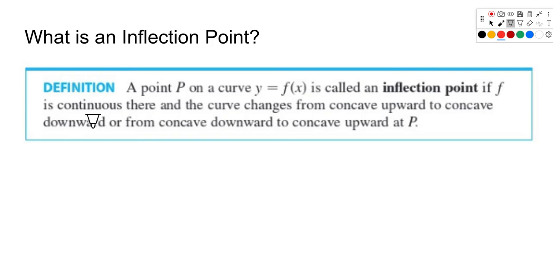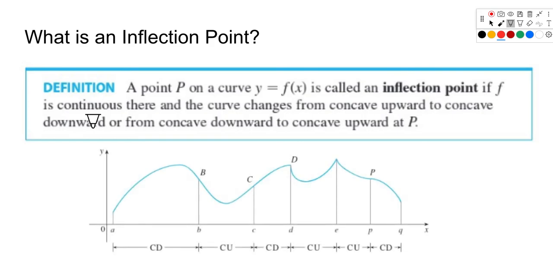Okay. And so they give us some examples here. What does an inflection point look like? We've got concave down here, and concave up on this side. So B is a place where those concavities change.